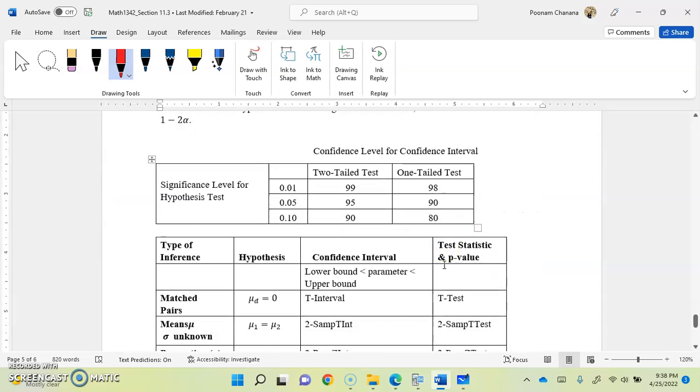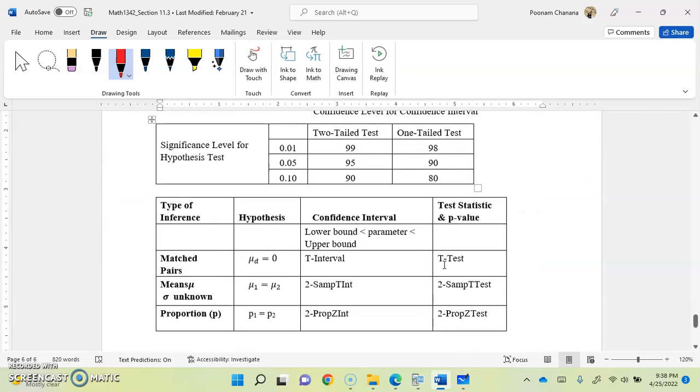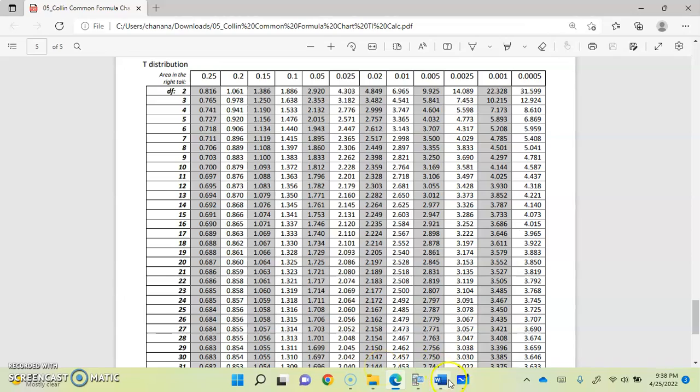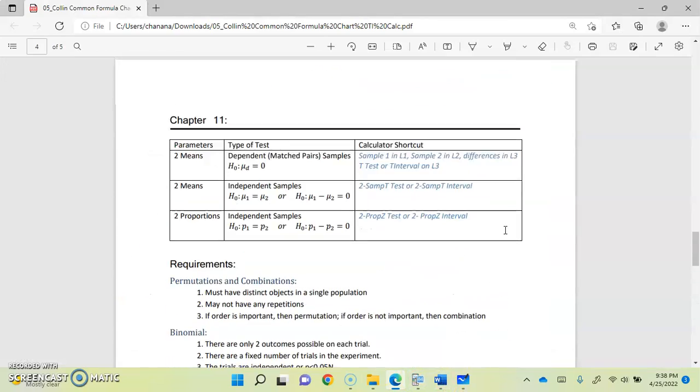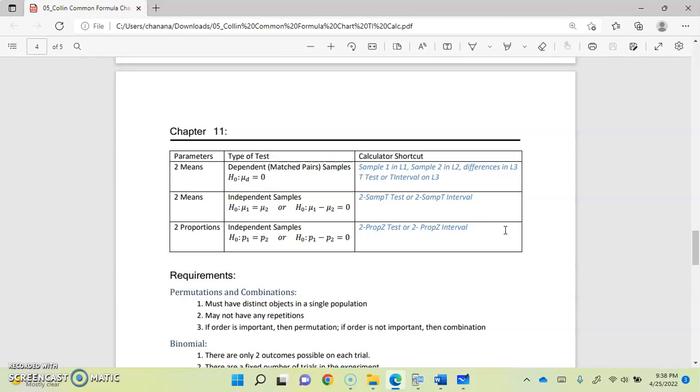This is it for our 11.3. At the end, I'm giving you all this information collectively. This is also written in the formula chart. If you look at chapter 11, if we are testing two means and we have dependent samples, then we use t-test or t-interval by calculating the differences in L3.